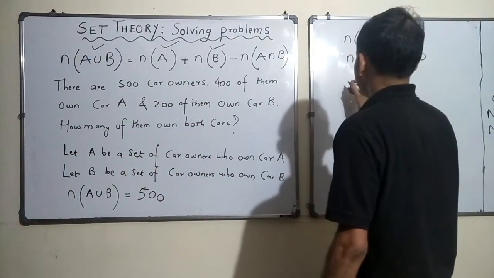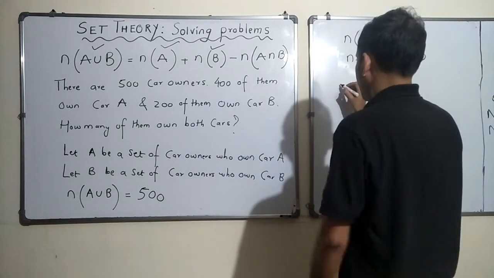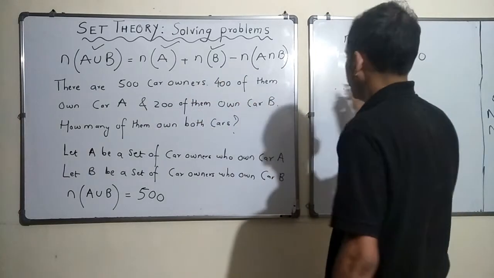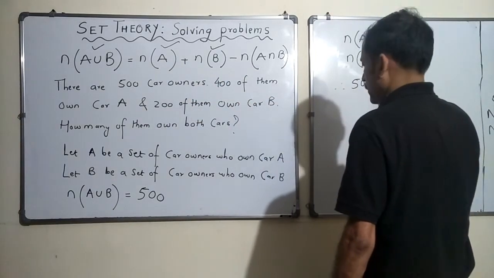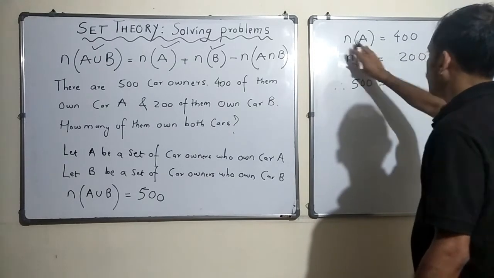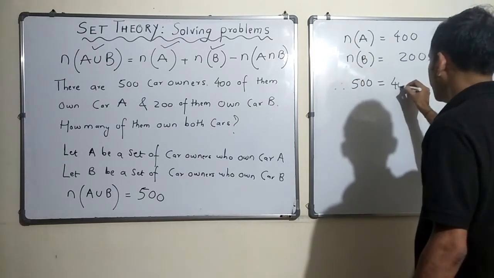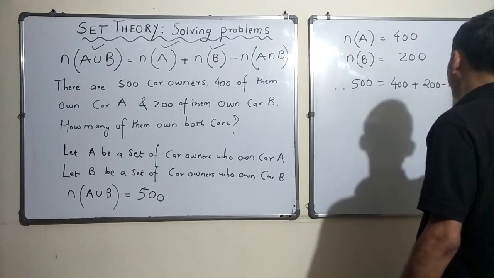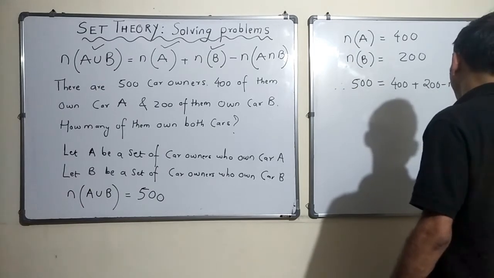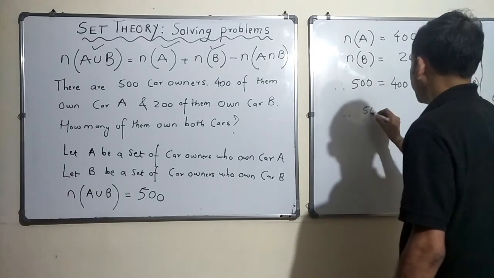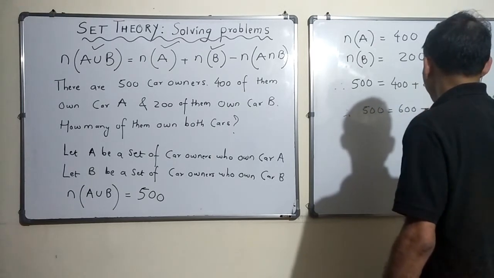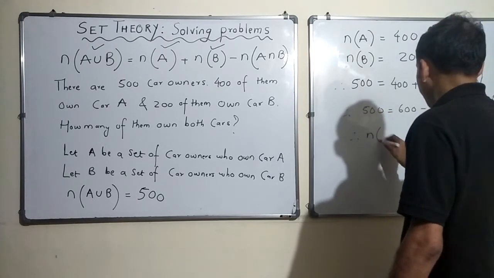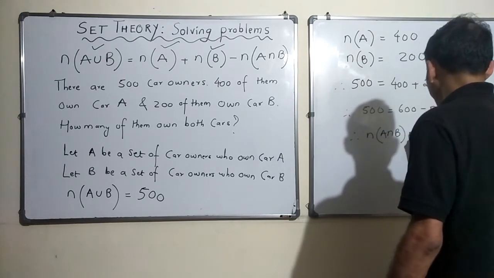Now based on that, since this is the formula, the number of elements in A union B, this is 500, should be equal to the number of elements in set A, that is 400, plus the number of elements in set B, that is 200, minus the number of elements in A intersection B. So this becomes 500 is equal to 600 minus the number of elements in A intersection B. Therefore the number of elements in A intersection B is nothing but 100.